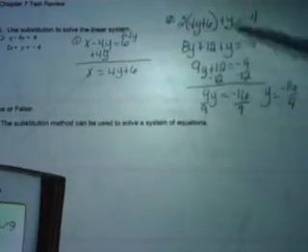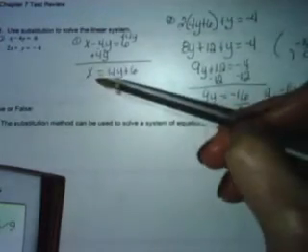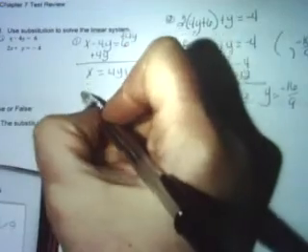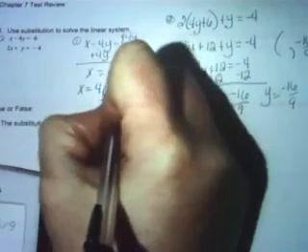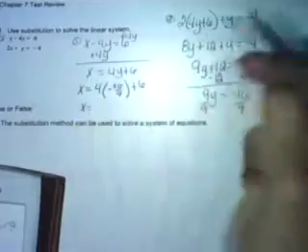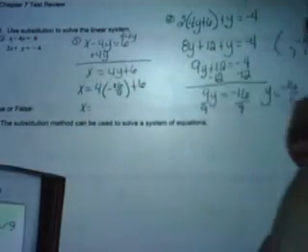Since y came from equation 2, we're going to plug it back into equation 1. So I'm going to have x equals 4 times negative 16 over 9 plus 6. So x equals, what is 4 times negative 16 over 9? Remember, keep your fractions inside parentheses.